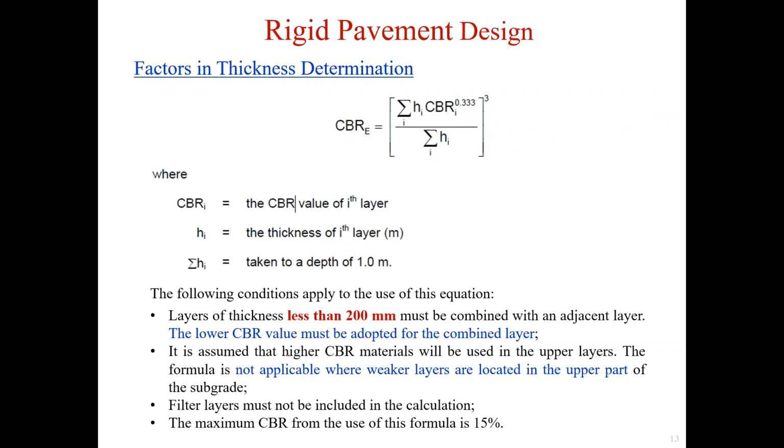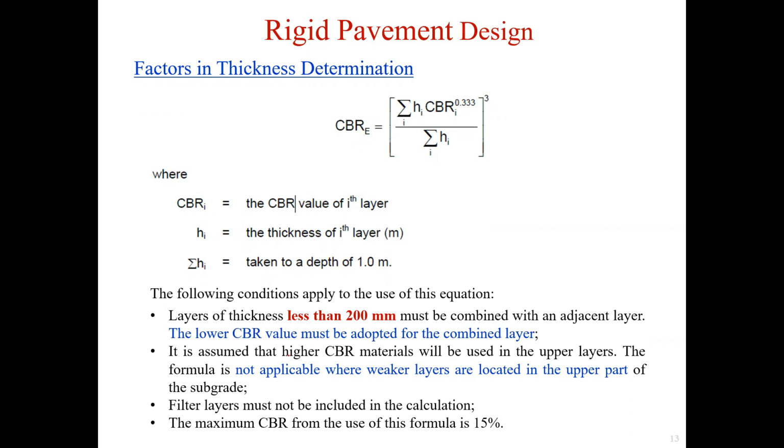There are some conditions to follow when using this equation. The layer with thickness of less than 200 millimeter must be combined with an adjacent layer, and the lower CBR value must be adopted for the combined layer. It is also assumed that higher CBR materials will be used in the upper layers. The formula is not applicable where weaker layers with smaller CBR are located in the upper layer.